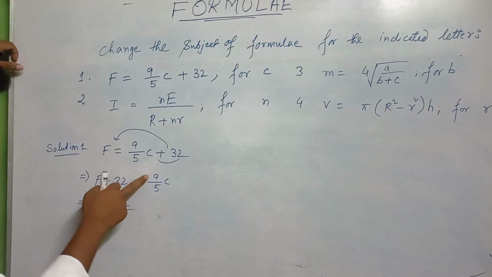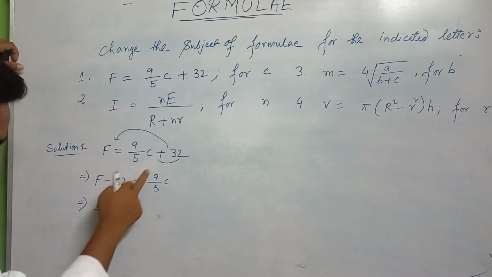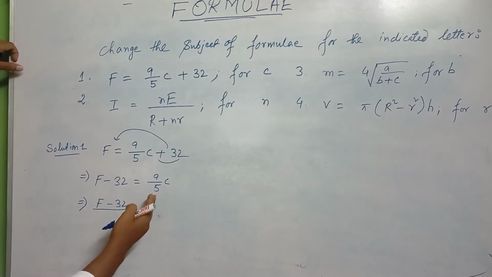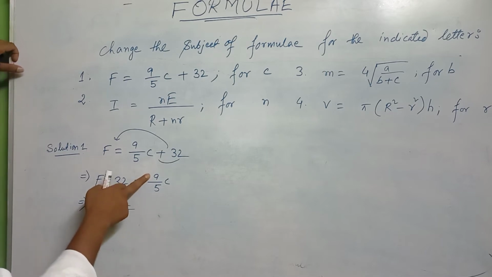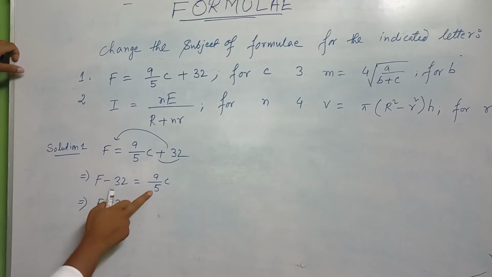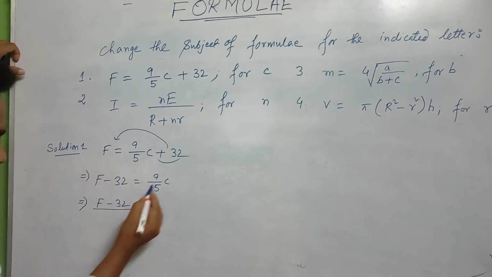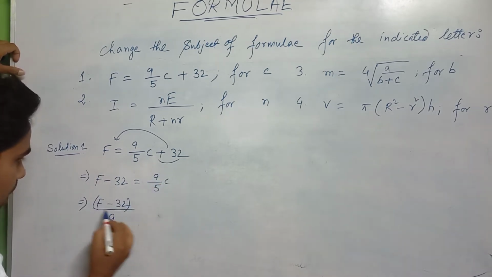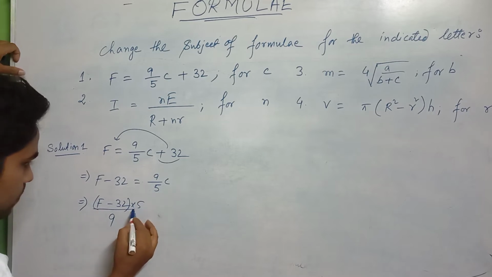So when this fraction goes to the left side, or changes the side, the numerator will become denominator and the denominator will become numerator. So it will get reversed. 9 over here and 5 will be placed over here. This is c.